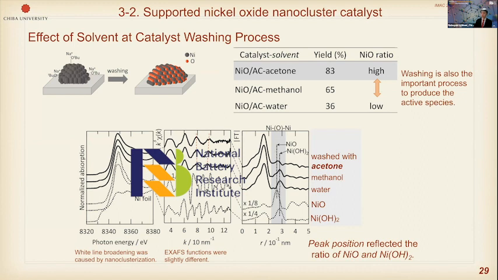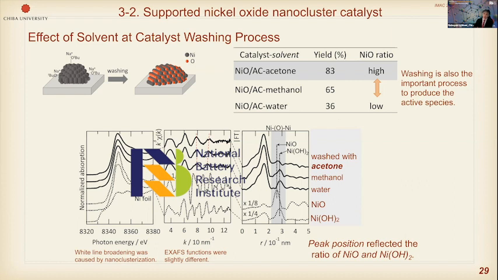However, when water is applied to washing to remove such ligands, the part consisted of many parts nickel hydroxide. So the active species, nickel oxide, is an important point. To elevate the composition of the nickel oxide, using a different solvent is important.